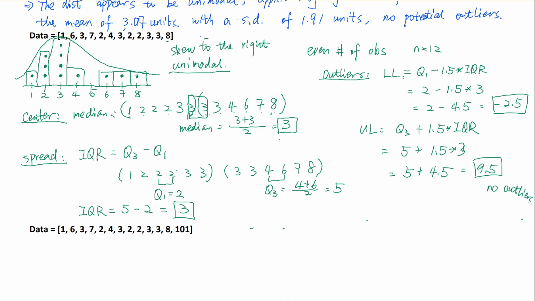All right, now we need a whole sentence or whole conclusion to describe this distribution, right? So we say this distribution is unimodal, skewed to the right, or right skewed, right?